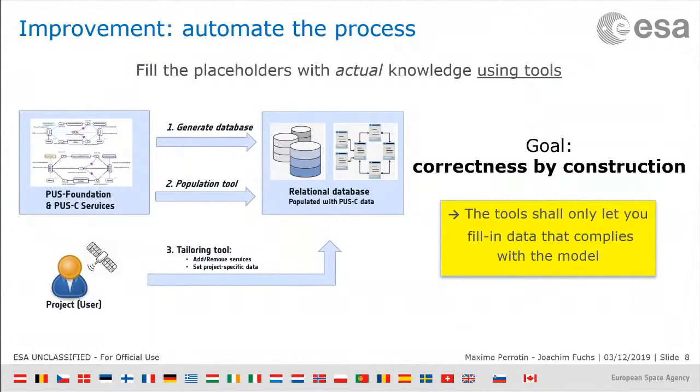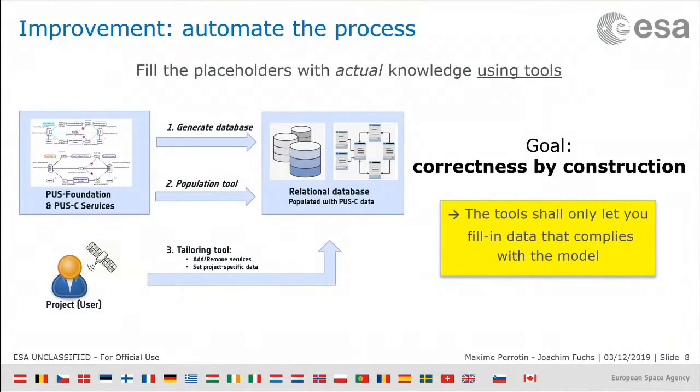The standard allows to define new services because we cannot define all the services and every mission will have their private services. However, it is necessary to ensure that all new services are compatible and in line with the foundation model so that they are fitting into the overall command model.